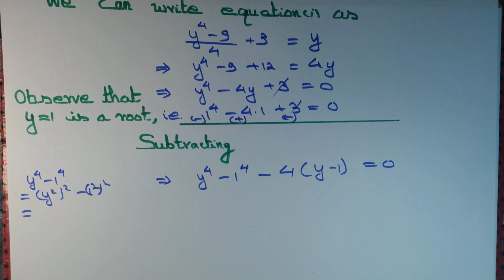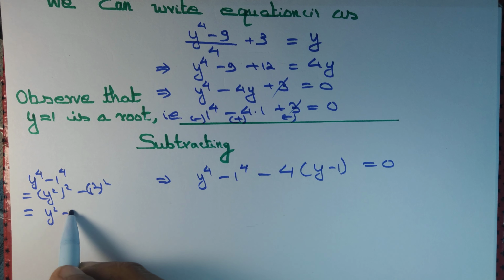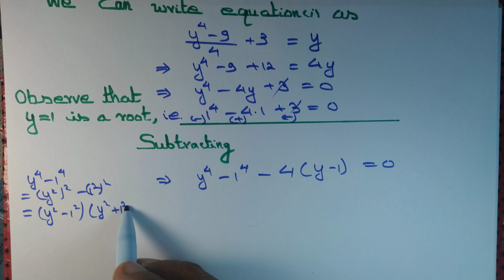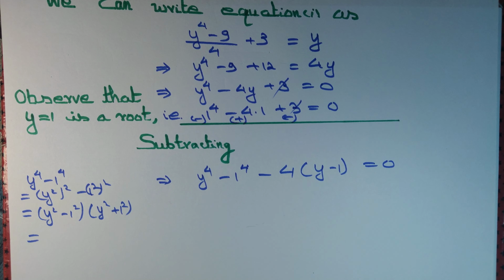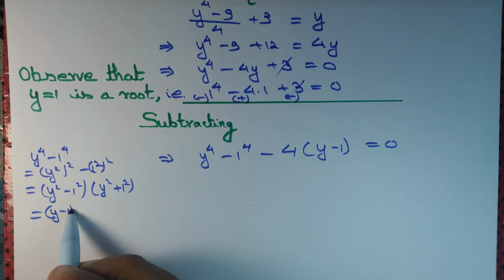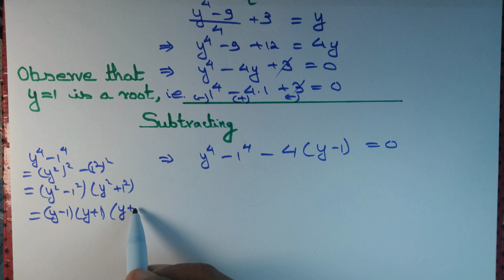That's an expression of the type a square minus b square. So we can write it as a minus b, so y square minus 1 square, into a plus b. Again, y square minus 1 square can be factorized, and we can write it as y minus 1 into y plus 1, y square plus 1 as it is.